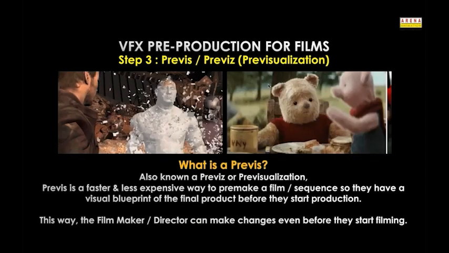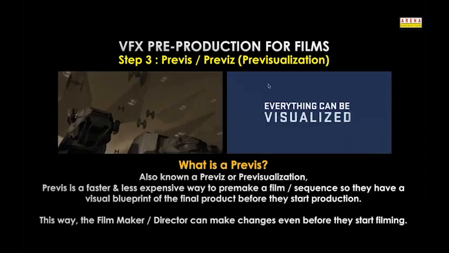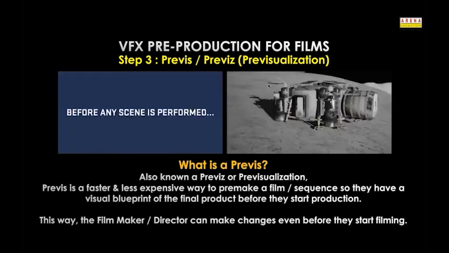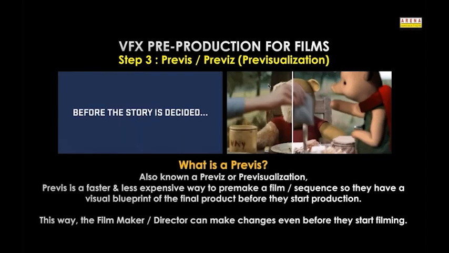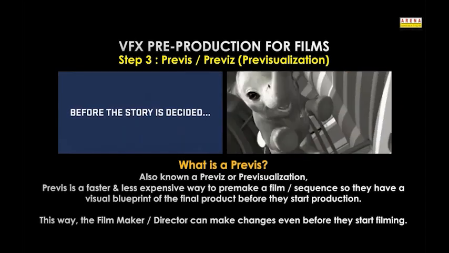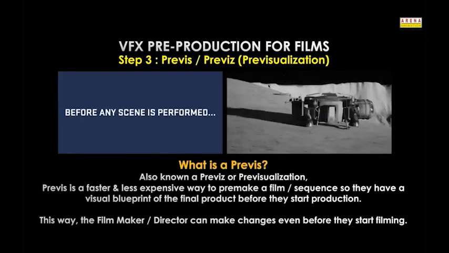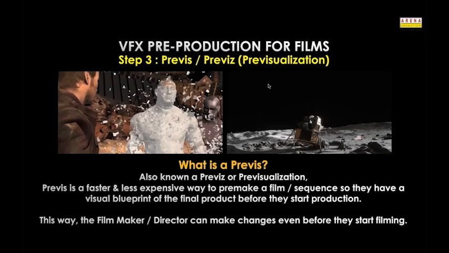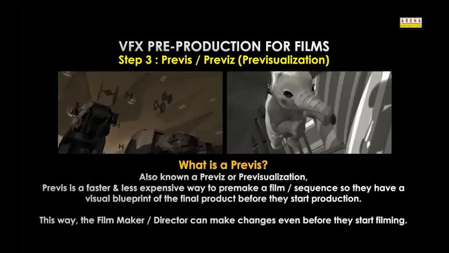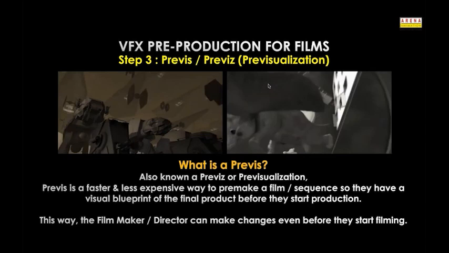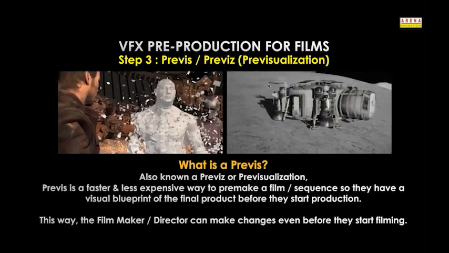It started a decade back. It was used earlier as such, but it's been used thoroughly in production now. Previz is also called previs: the Americans use the Z and the British use the S at the end, also called pre-visualization.